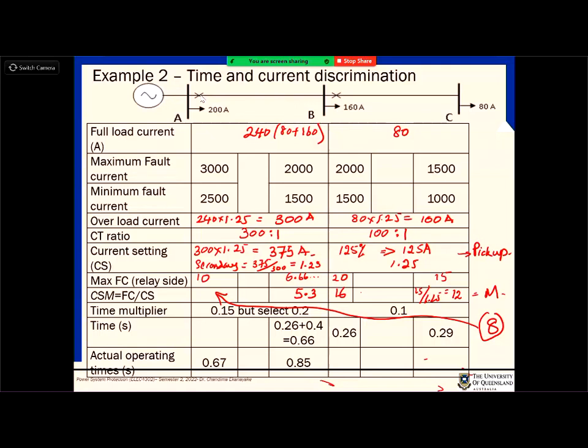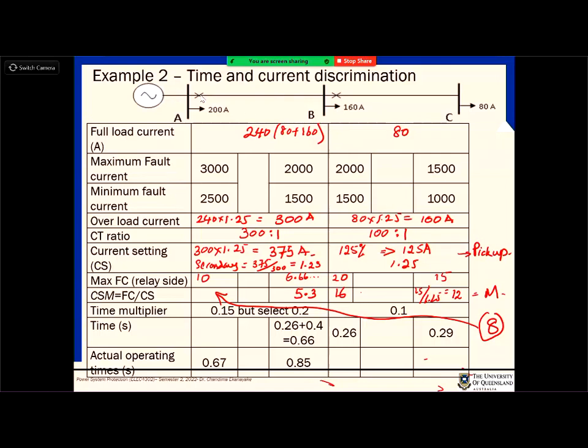Based on that, we know the current multipliers in different locations. And then everything is for maximum fault currents. So now the first thing is that we need to select one of the relays, their time characteristics.